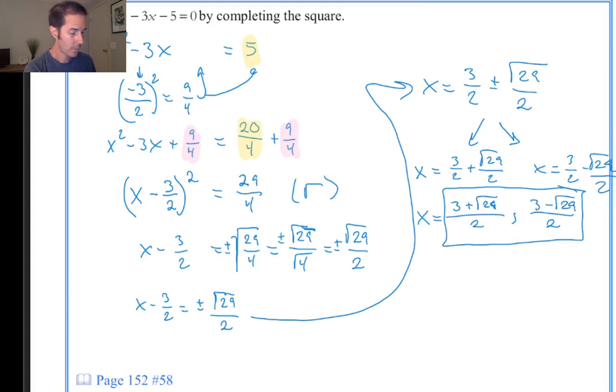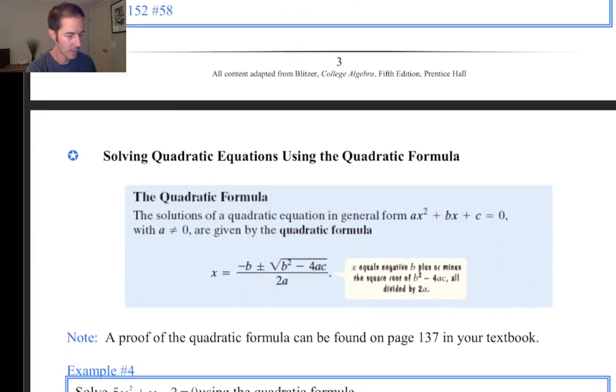If the software you're using has a plus or minus button that you could use, then maybe you only have to answer one of these and just change the plus to a plus or minus sign. But you probably don't want to answer like this. You do want to write it as one fraction. And that's solving by completing the square.